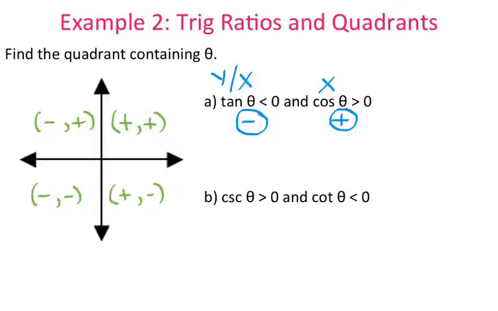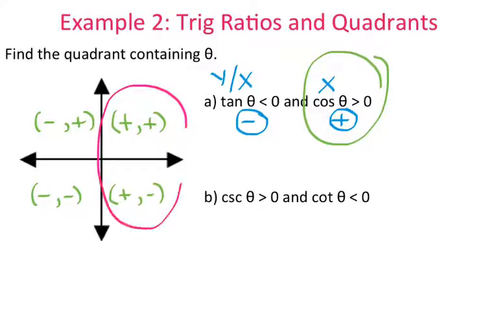Okay, so I'm looking for a quadrant, and I'm going to start with a positive x coordinate. So positive x coordinates are these two quadrants. So I've narrowed it down to two quadrants. Out of these two quadrants, I need to find which quadrant has a negative when I divide my y-coordinate by my x-coordinate.